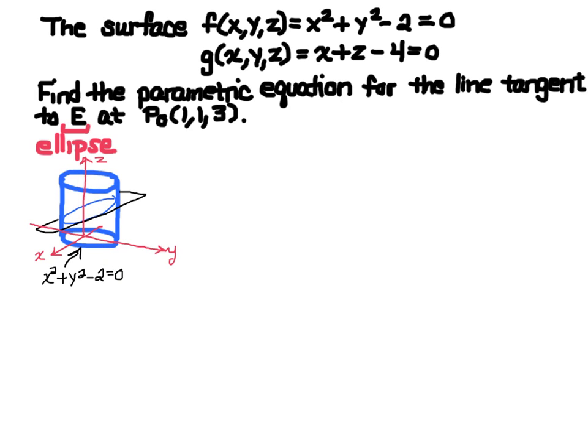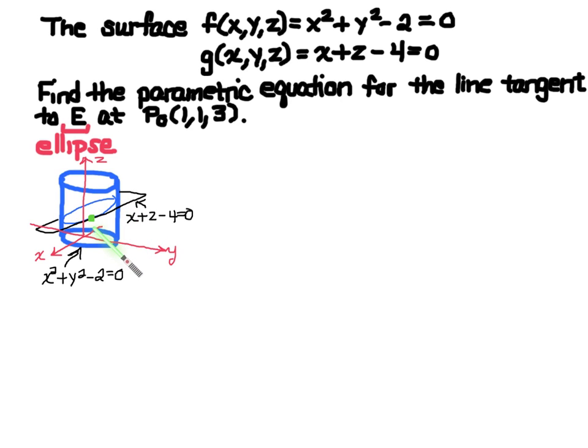And then the plane we have here, this plane right here, comes from the equation x plus z minus 4 equals 0. So we're looking at where this plane intersects this cylinder, and what we get is this ellipse.